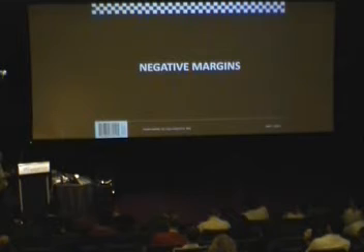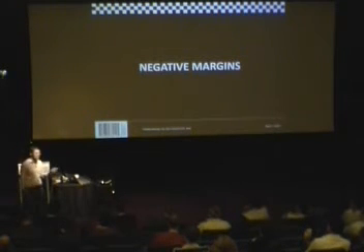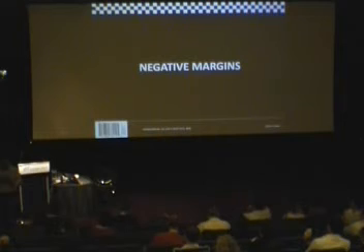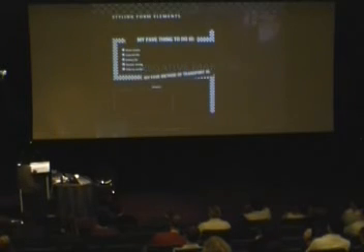Because with a lot of the values that we can use in CSS, things like margins or positioning values, we can use negative values as well as positive values. And if we just think logically through the way that we build up a page, we can use these things to create some really cool effects. And with this we've got no IE6 issues whatsoever.